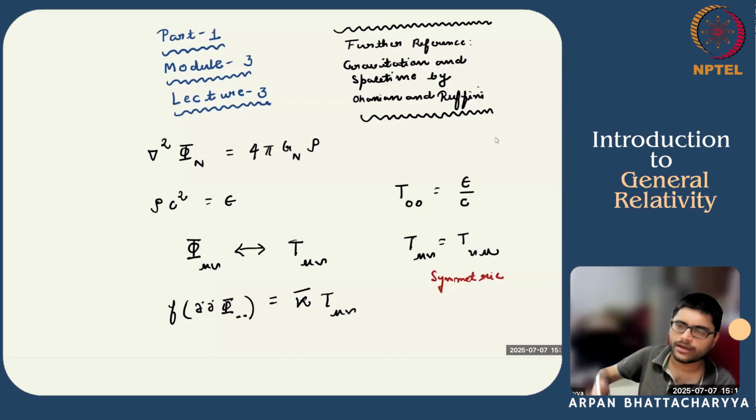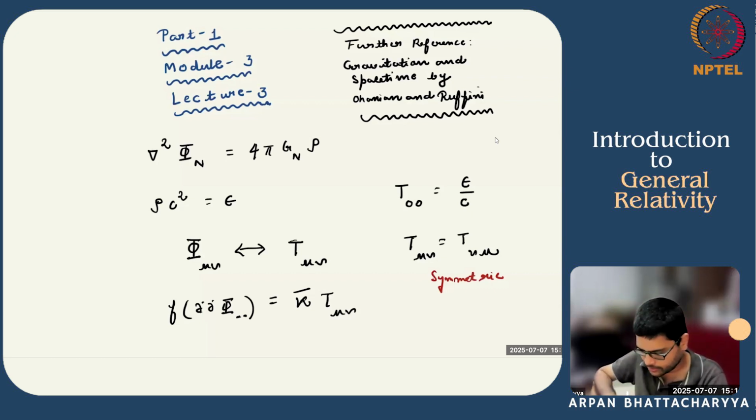You will see more naturally why this will be symmetric in the two Lorentz indices in a later lecture. So now we have to write down all possible terms here for this function f, and there are quite a bit of them.